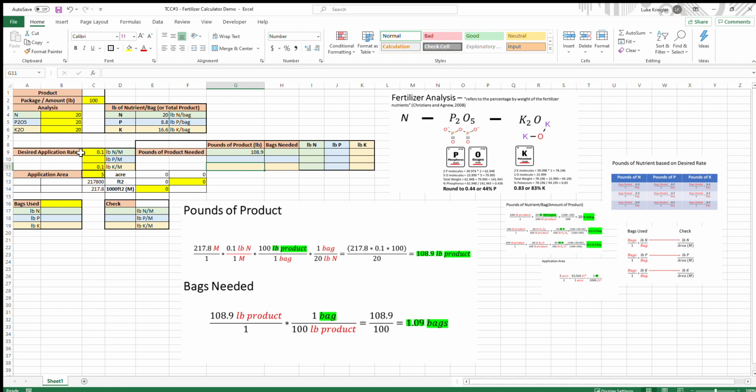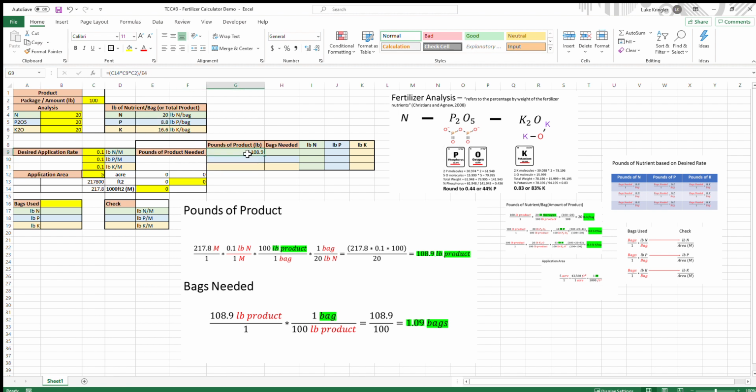To get that value, and I'm just going to put in a 0.1 for phosphorus as well, we're going to need essentially the same formula that we just created for nitrogen. However, we're going to let Excel autofill some things.